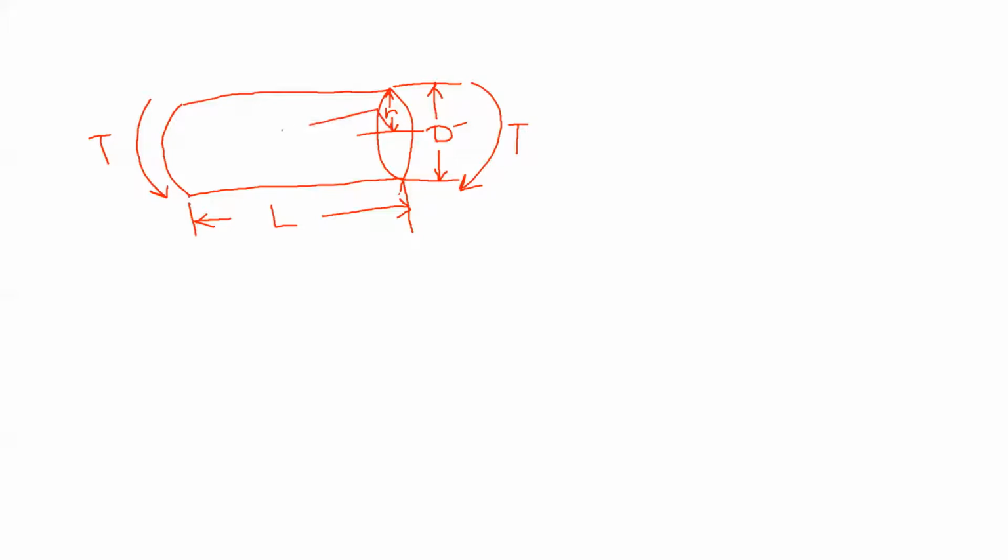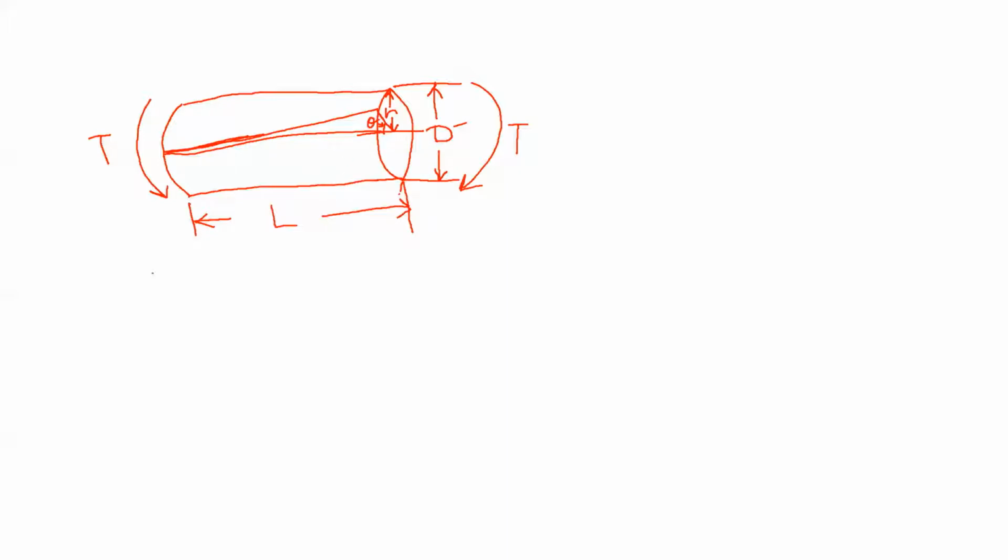This is the angle at which the bar rotates or twisting occurs. That is angle theta. Whenever it takes a turn, that will be theta over there. So that is called the angle of twist.